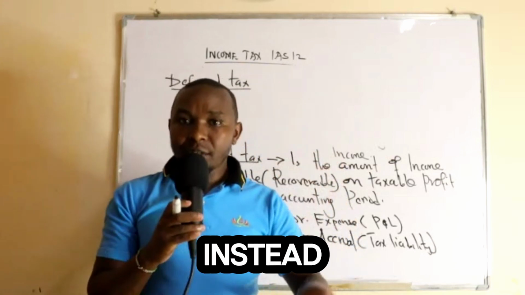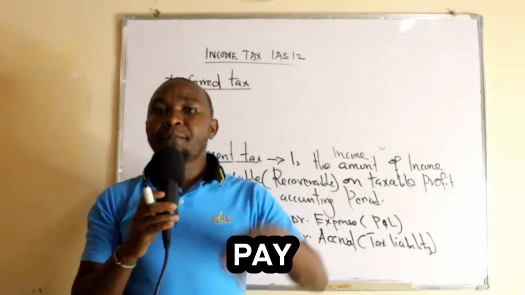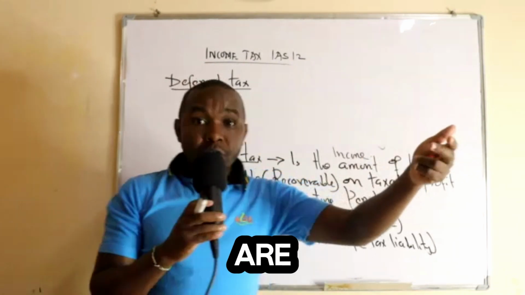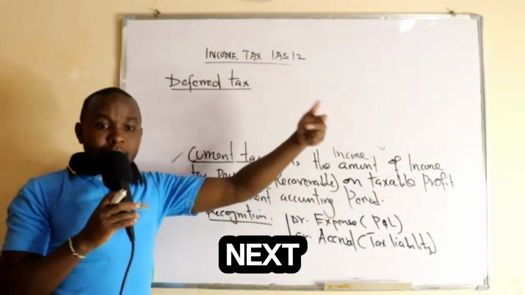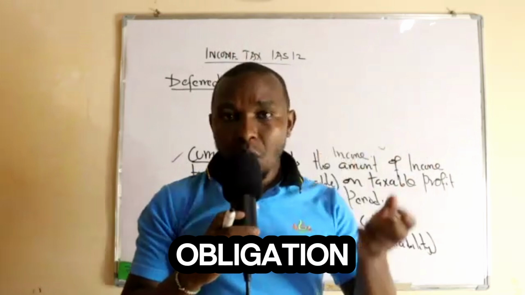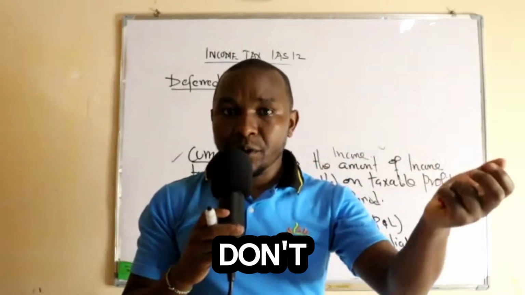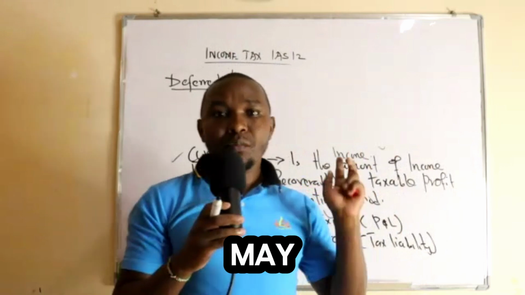And then you say, I will not pay. I don't have cash to pay this tax. I will pay in the subsequent years. So you are deferring this income tax into the next financial year. You are shifting that obligation of paying tax to another period. It's not that we may escape that tax, but we may push it forward.